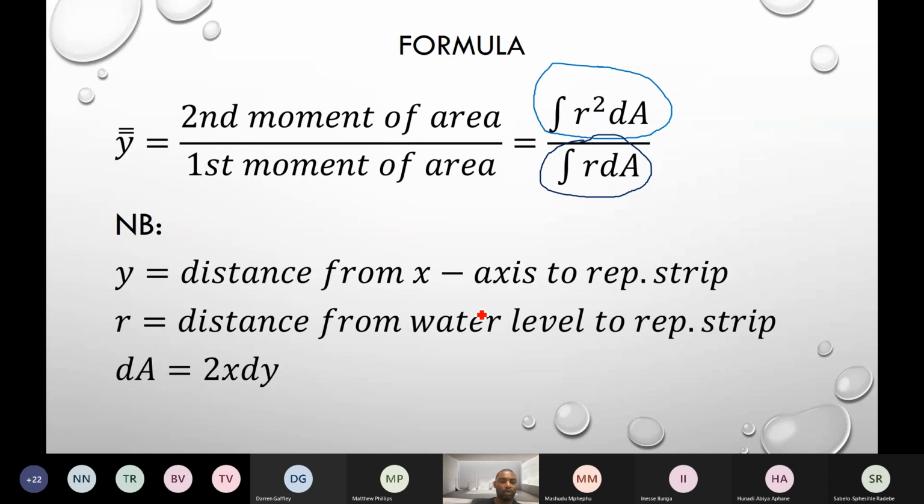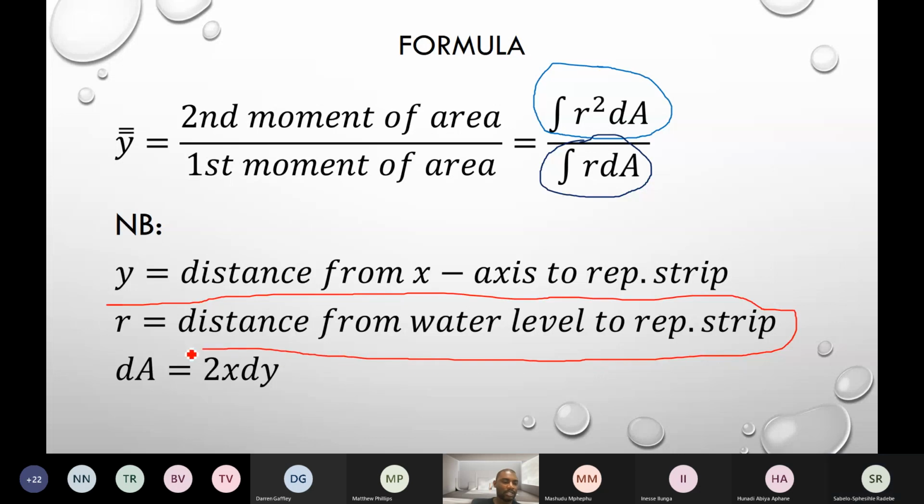We'll call it Y. And then this R is the distance from the water level to the representative strip. If you don't understand it because we haven't done it, it's okay. We're going to go through it and I'll show you what I mean, but at least remember this.